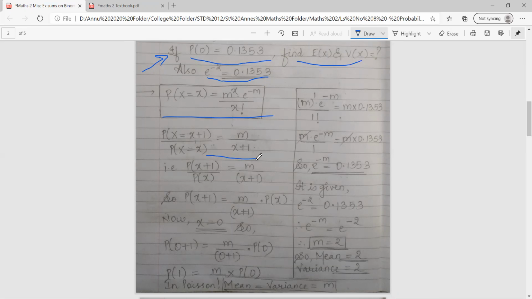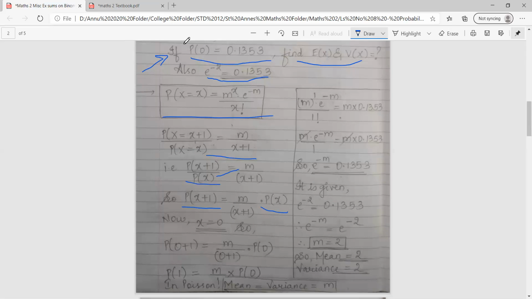I can write it in simple words as p of x plus 1 upon p of x is equal to m upon x plus 1. So I can say that p of x plus 1 is equal to, I'll take p of x that side, so that will become m upon x plus 1 into p of x.